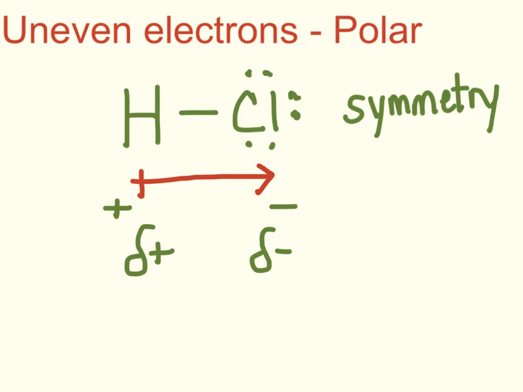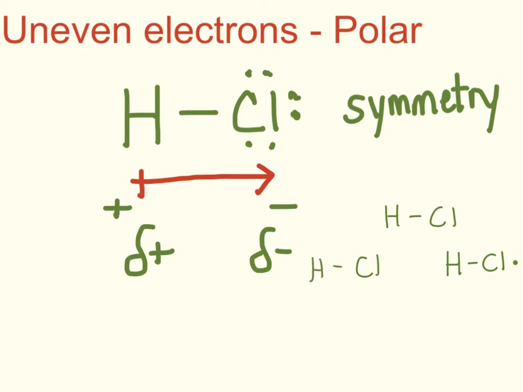So the electrons are being shared, but they're not shared evenly. The chlorine pulls them closer to itself. If we were to look at a bunch of hydrogen chloride molecules together in a beaker, they're going to line up in such a way that the positive and negative ends are close to each other. So, for example, if we have several HCl together, that's what I'm showing here.